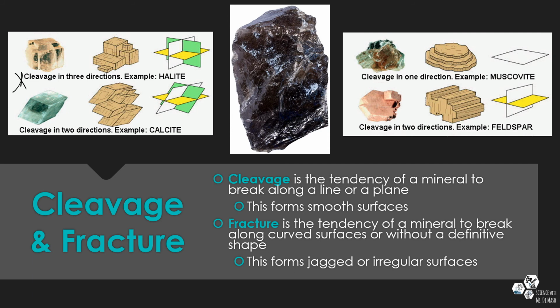These images and these ones here are all breaking along a plane, so they have what we call cleavage. Now, fracture is the tendency of a mineral to break along curved surfaces or without a set shape. So it looks kind of jagged or irregular, not smooth and geometric like the other ones. That would be this mineral here in the center of the screen.